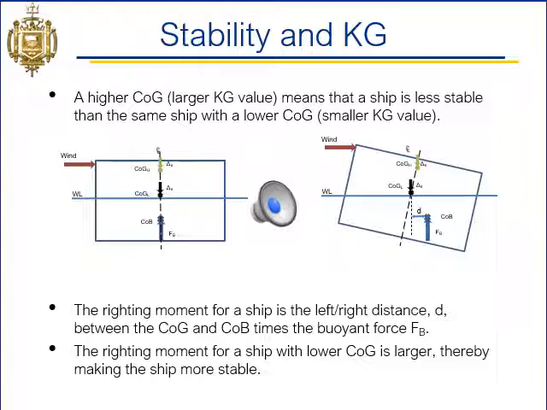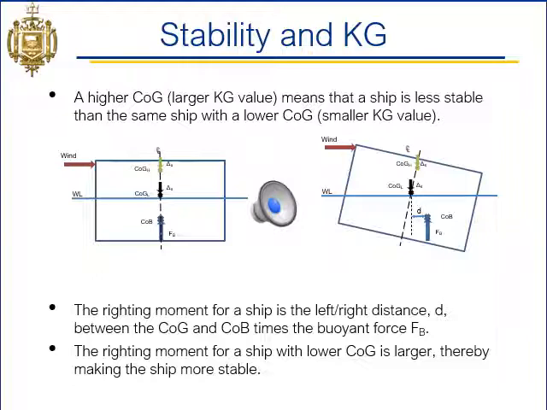But in any event, a large part of the stability of a ship has to do with where the vertical location of the center of gravity is. So in the drawing on the left, you've got a high center of gravity in green. You've got a low center of gravity in black there. And then in both you have the center of buoyancy in blue.